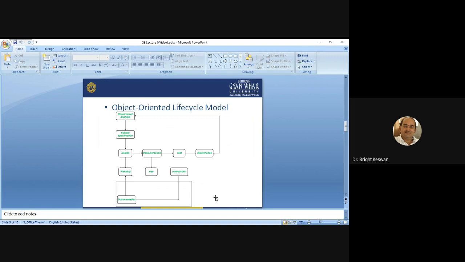Object oriented analysis, object oriented design, and object oriented programming are the primary activities of this lifecycle model. Notice that much of the testing phases and certain aspects of other phases follow the traditional approaches.